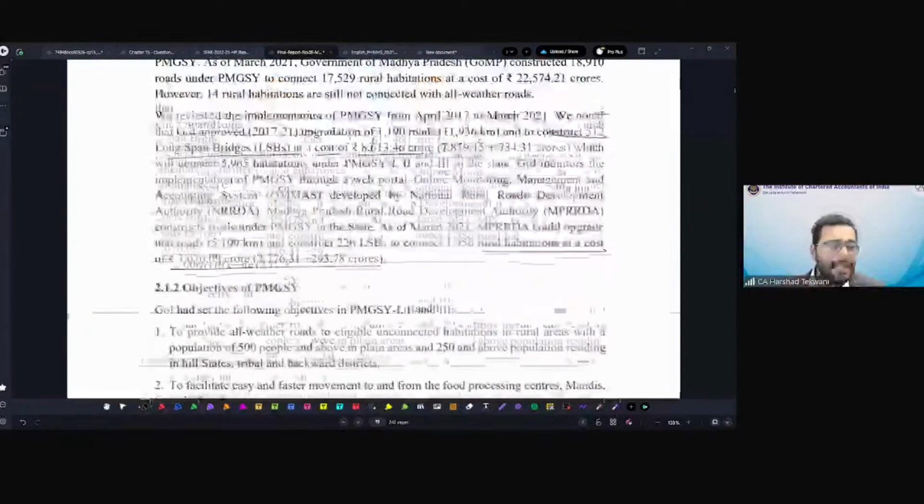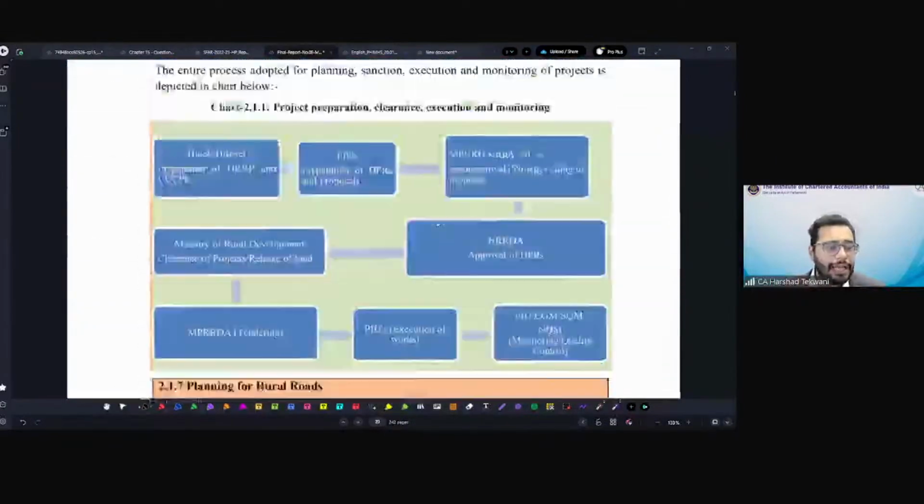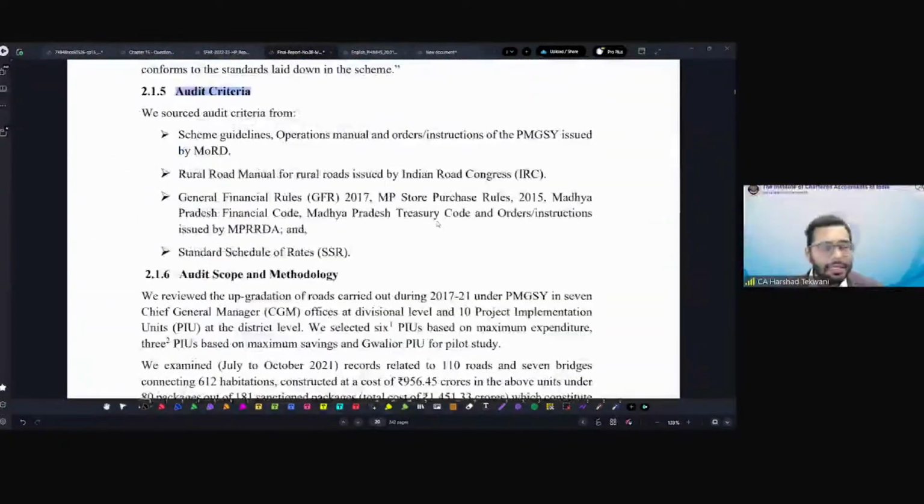in compliance audit, my audit criteria basically is the things against which I will evaluate the subject matter. Subject matter is the scheme, and these are the scheme guidelines, operation manuals, order instructions, rural road manuals, then general financial rules, your other things which are there, state treasury code.